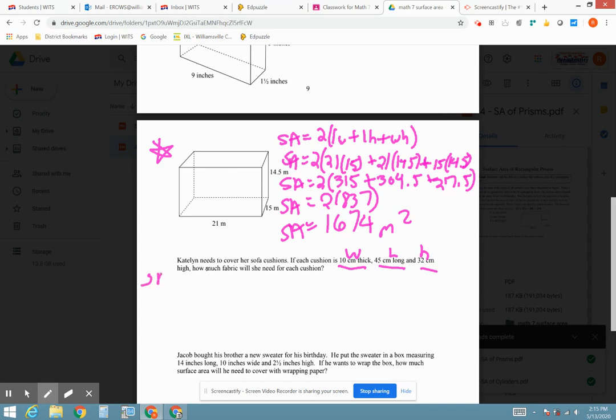So surface area equals 2. Little Willie lost his white hat. Finish it up. I'm going to insert a question, so this will pause.